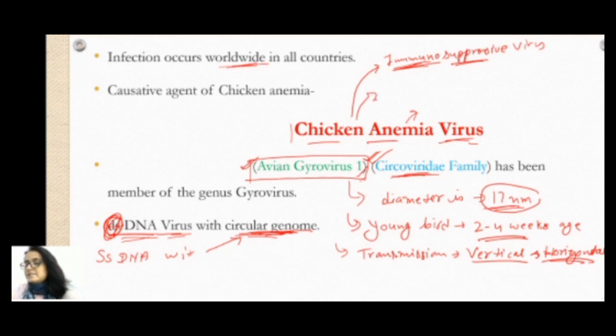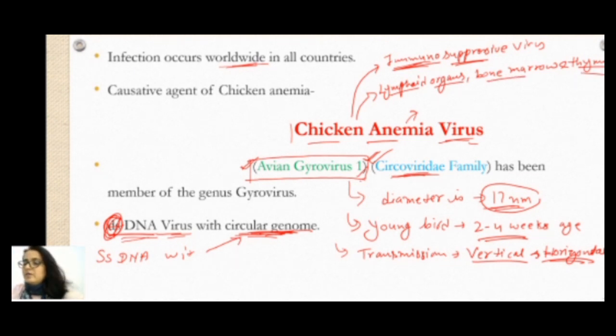The virus most commonly infects lymphoid organs, bone marrow, and the thymus.